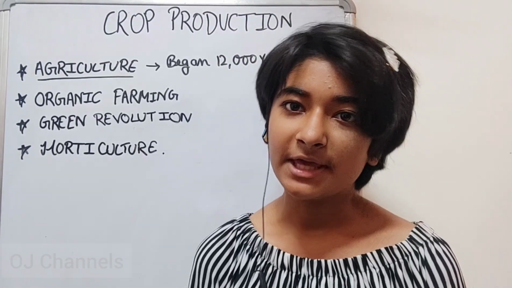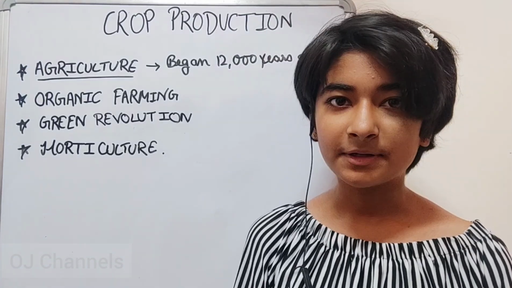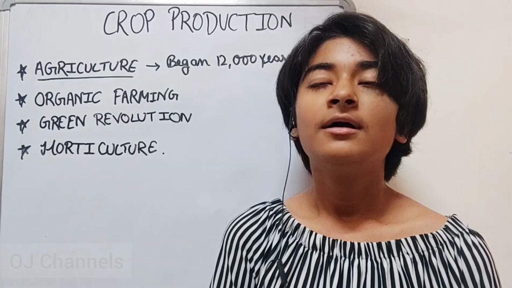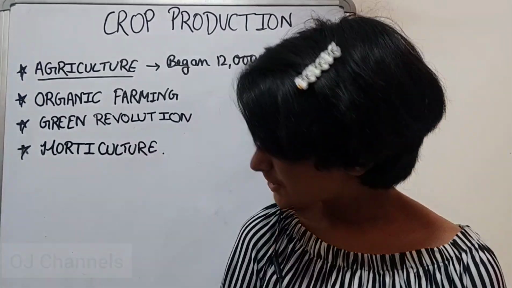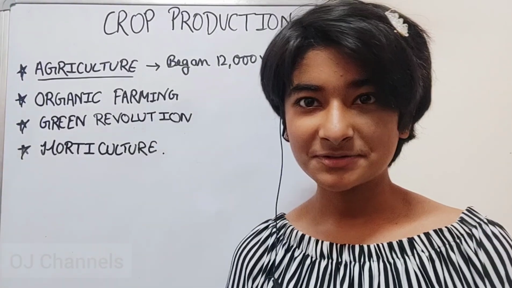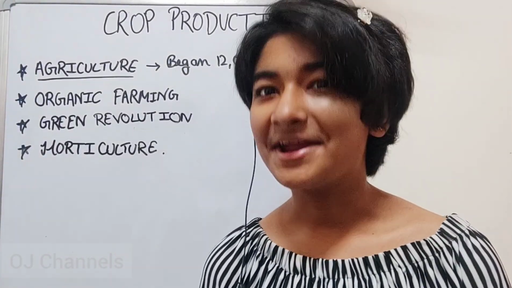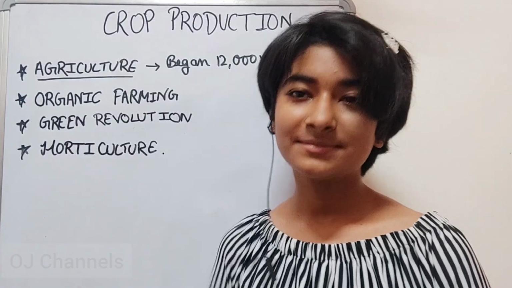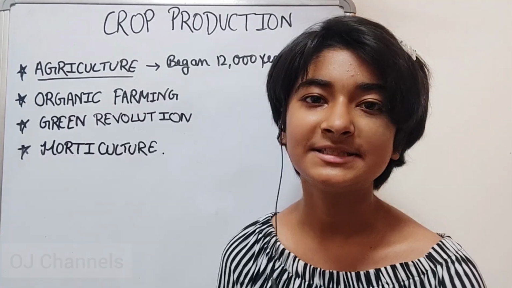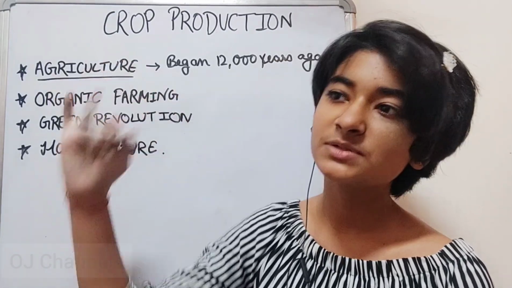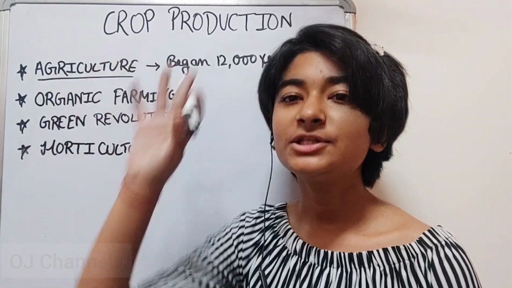Let me tell you one more thing. This chapter is really very interesting, and it is interesting because it is very easy, and science topics are always easy according to me. In this video we are going to discuss the main definitions, and in our next video I'm going to explain the chapter.